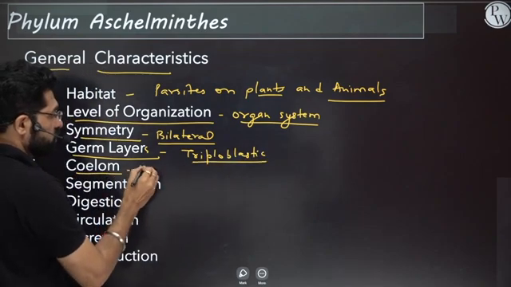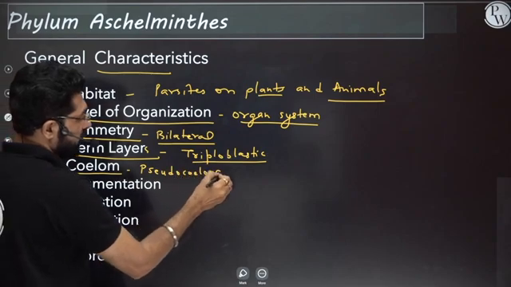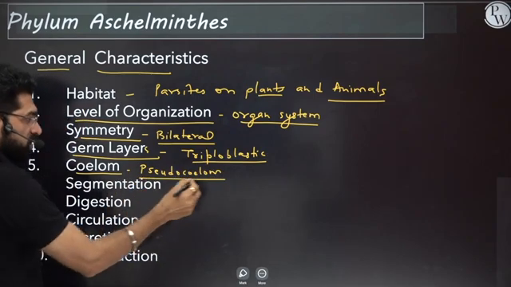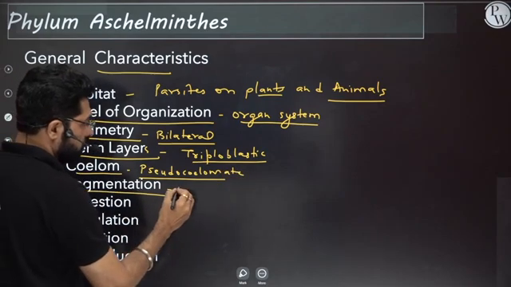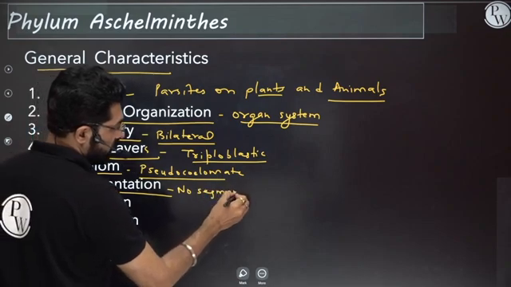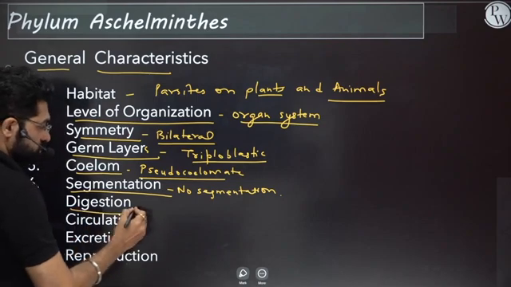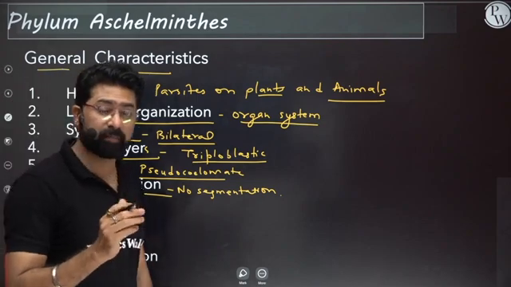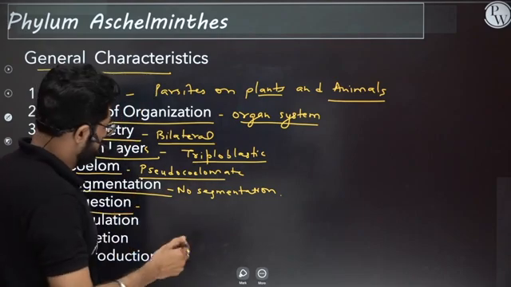Coelom, they have pseudocoelom. They are characterized by a false coelom developing from the blastocoel. So they are pseudocoelomate. Segmentation, no segmentation. It is absent here. Please remember, digestion, they have a very well developed muscular pharynx by which they can suck the blood or something.